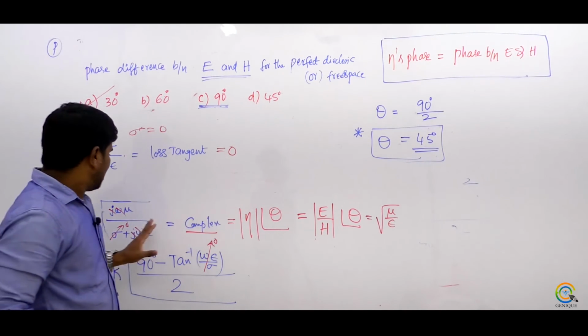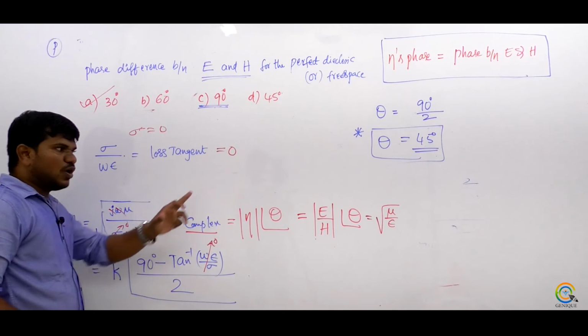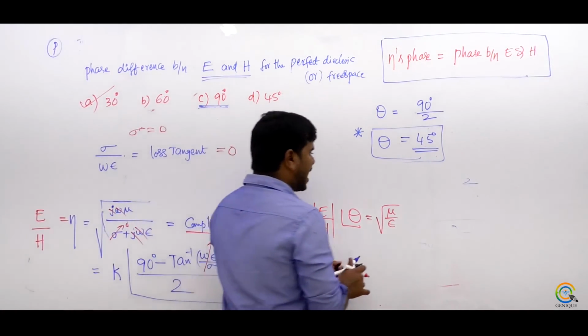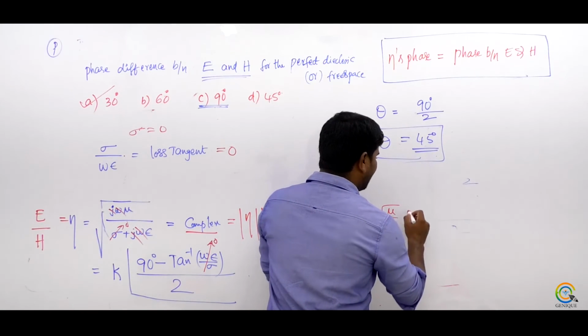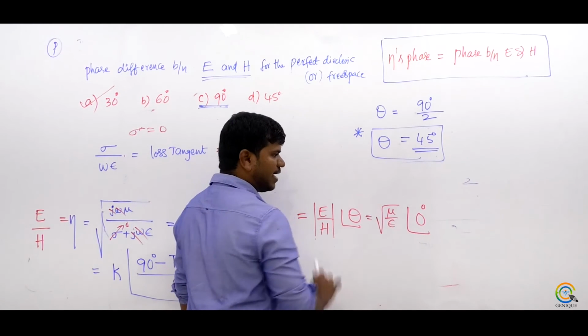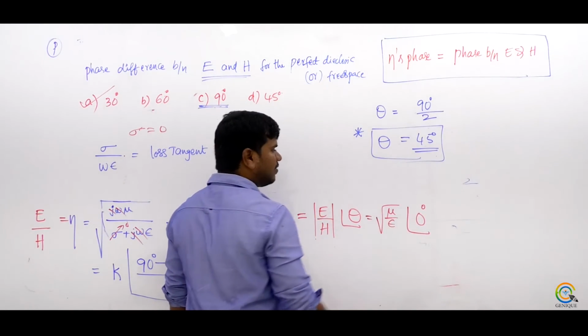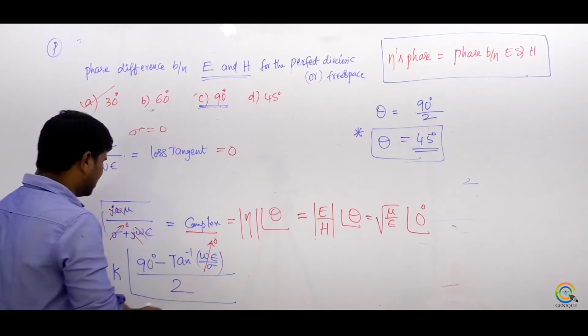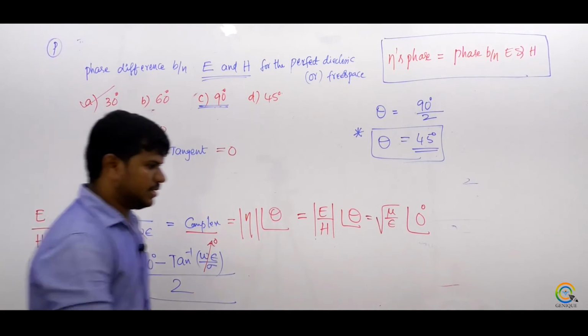See, observe this. There is no complex term, only the real term is present. So what is the angle? It is a real value, so the angle will be 0 degrees. The phase difference between these two is 0 degrees.